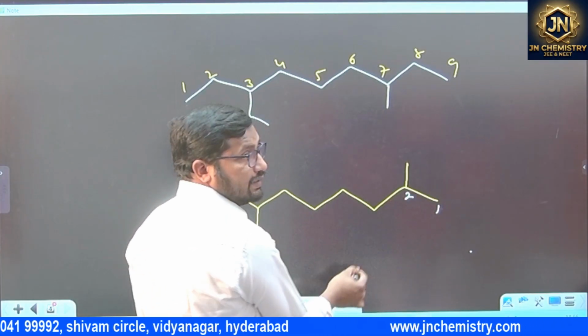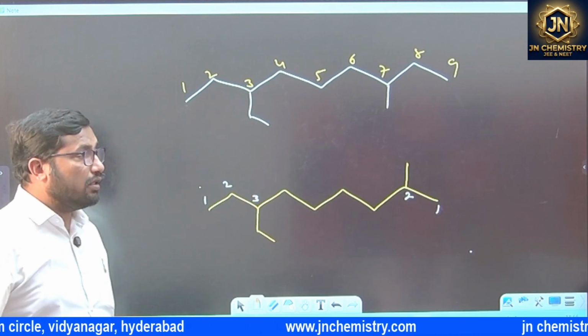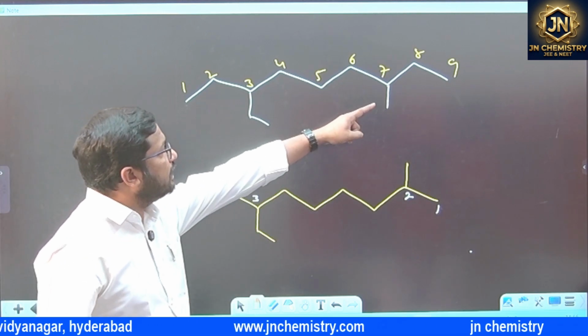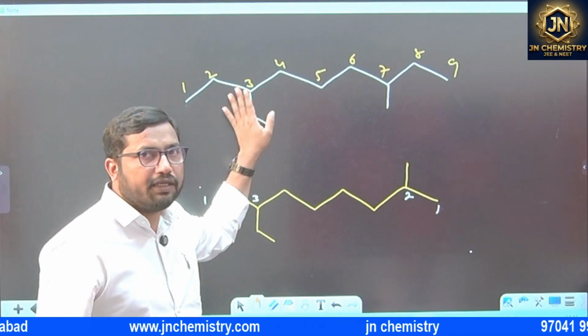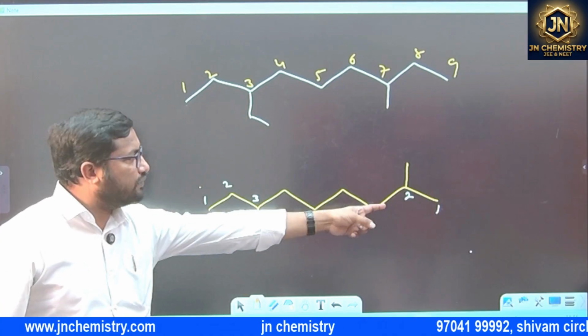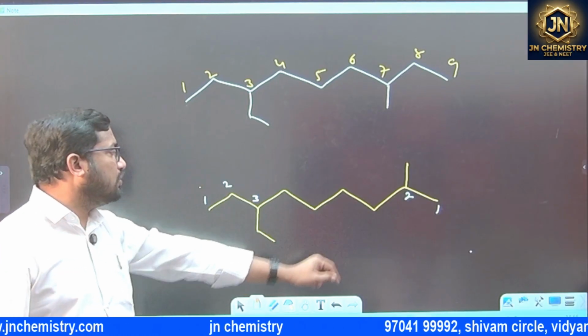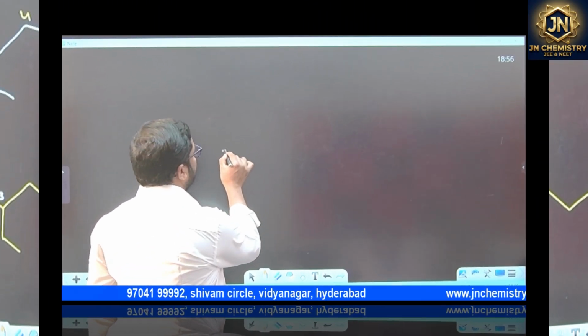Lowest: this is coming at the second number, and the other at the third number. If both are coming at the same number, 1, 2, 3 and 1, 2, 3, then we follow alphabetical order. But in this case, the first is 2-methyl. So 3-ethyl-2-methylnonane. Write it down.